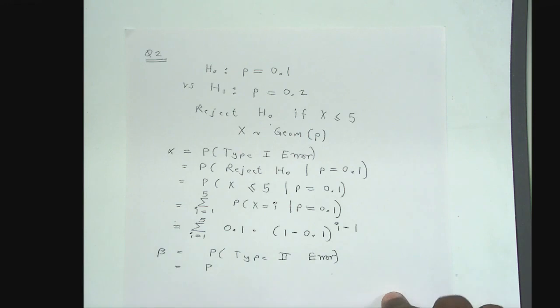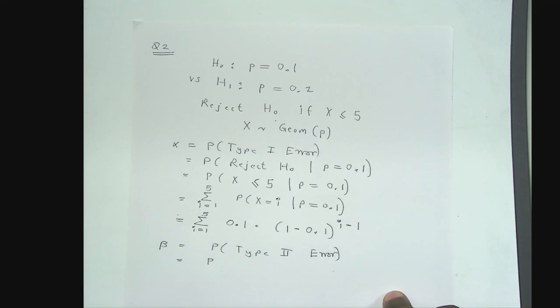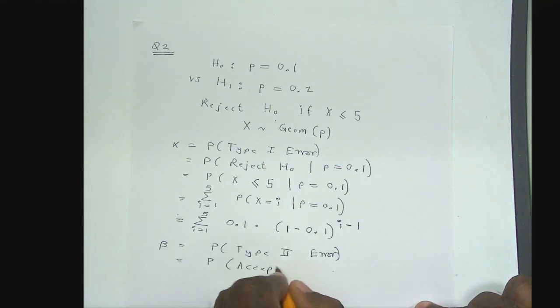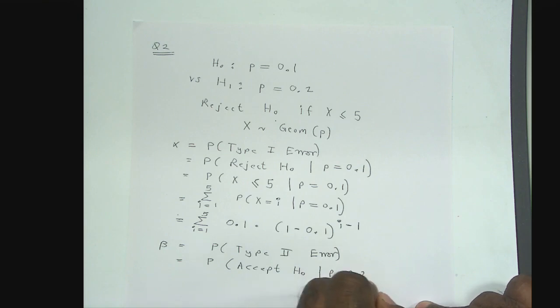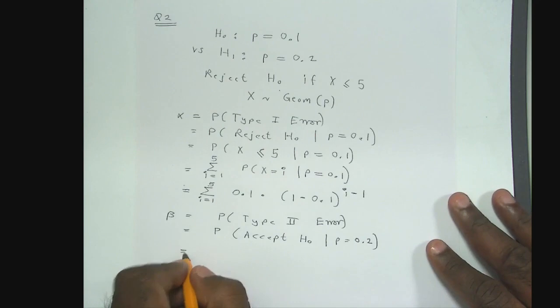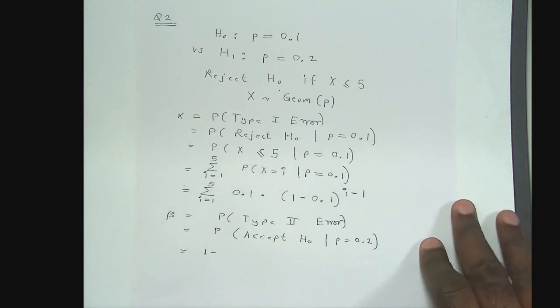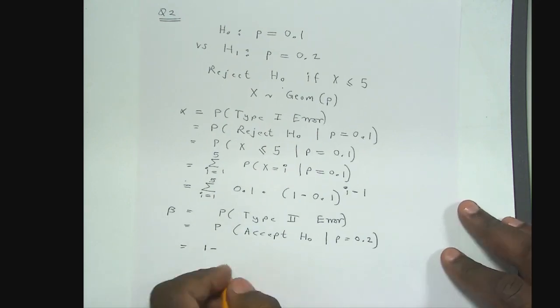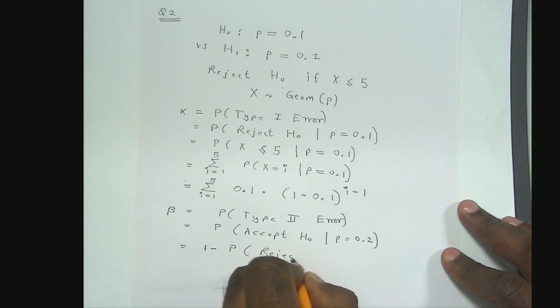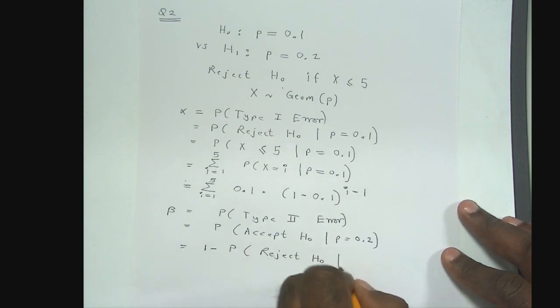remember, type 2 error is the probability of accepting the null hypothesis when H1 is true. So it's the probability we accept H0 when p is 0.2. Okay. So once again, by the complement rule, you can write this as 1 minus the probability that you reject H0 when p is 0.2.